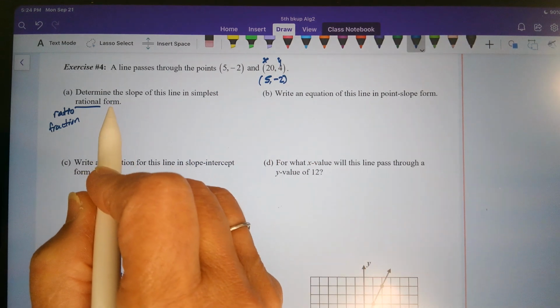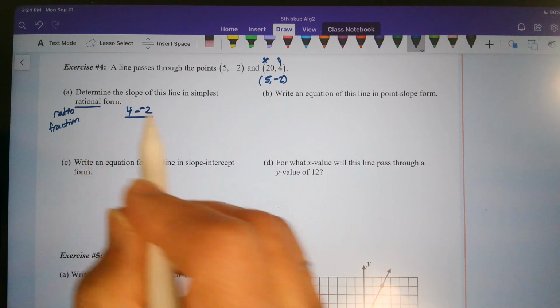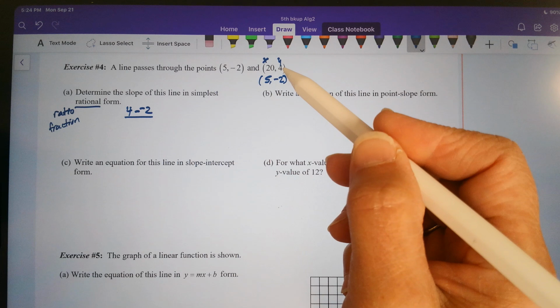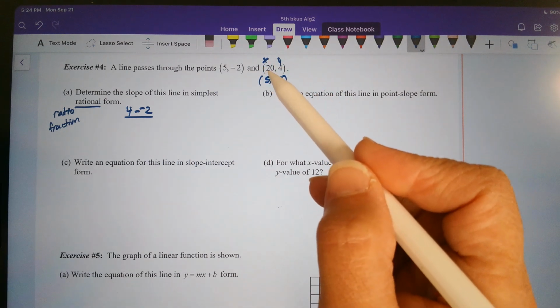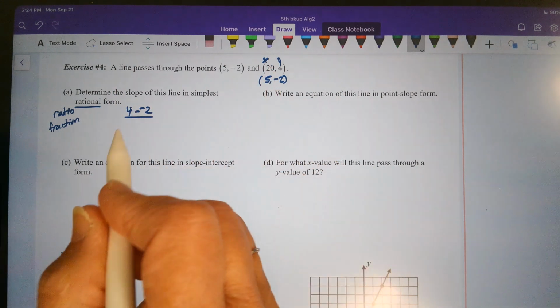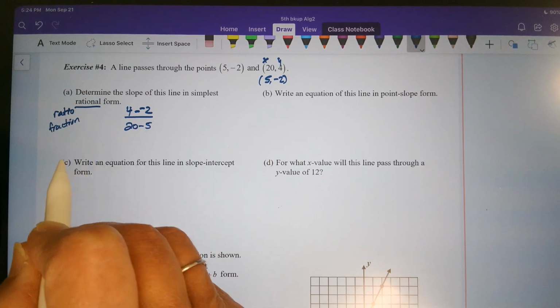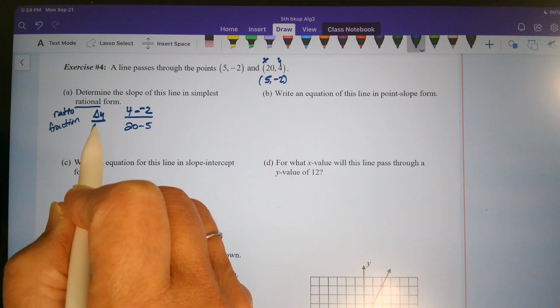Okay, so I'm going to do 4 minus negative 2 divided by, just be consistent. If I started with the 4 from this point for my y, then I have to start with the 20, the x, from the same point. So 4 minus negative 2 divided by 20 minus 5. And it's very important, remember, it's always going to be change in y over change in x.